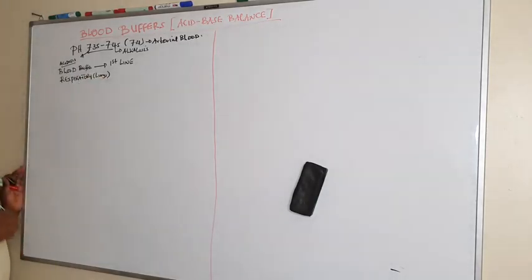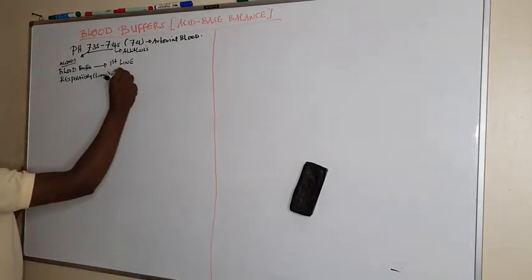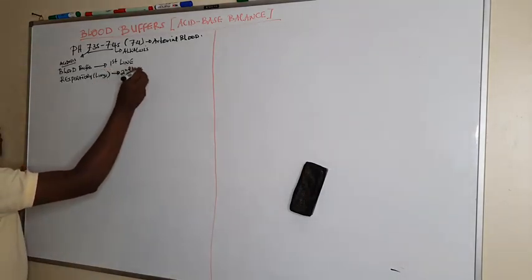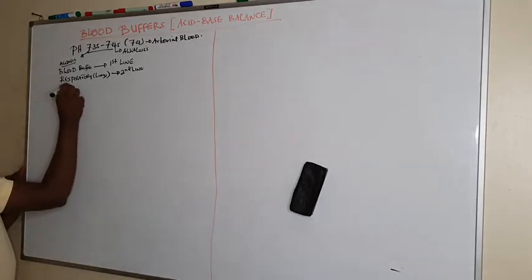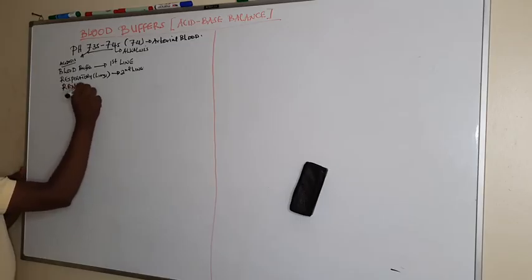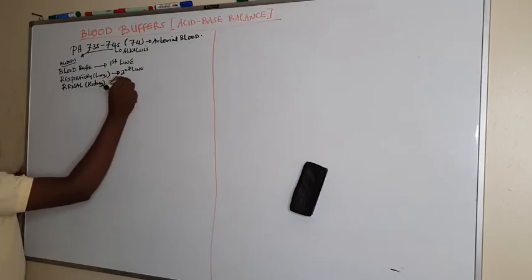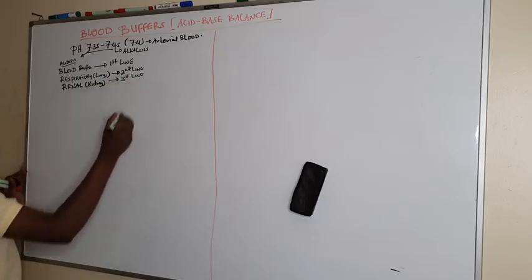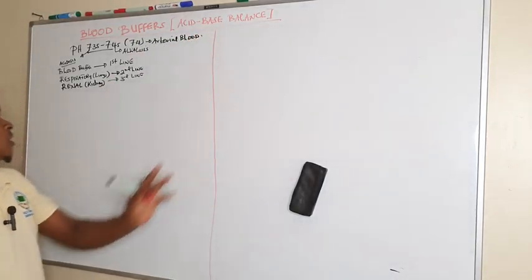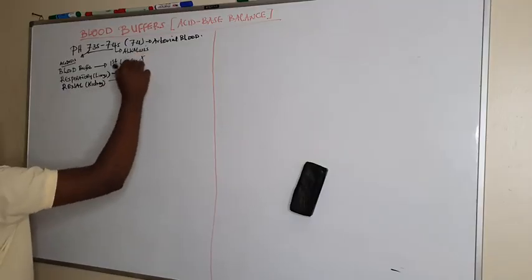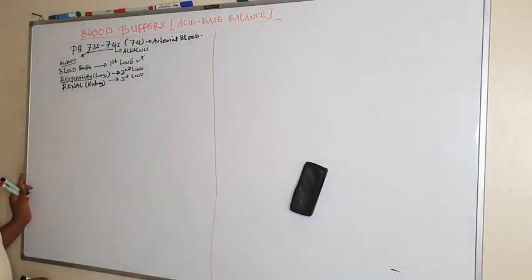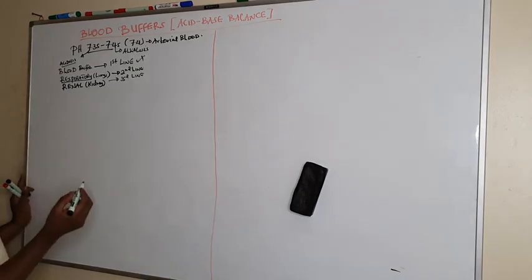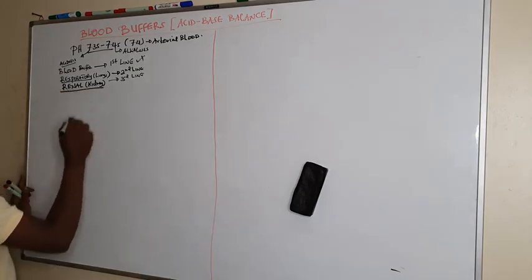During inspiration and expiration is the second line for maintaining pH. Then the third line is the renal mechanism, which involves the kidney. This one is the third line for maintaining acid-base balance. So when the blood buffers fail, the body goes to the lungs to maintain the pH by inspiration and expiration. Then if the lung fails, the kidney comes in to maintain.